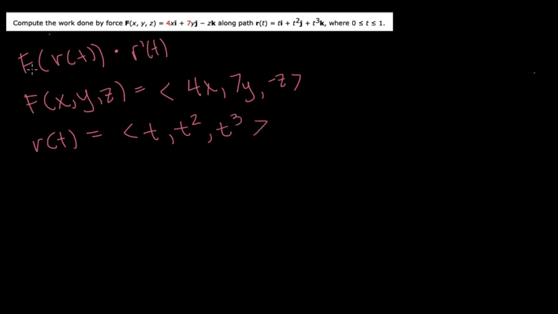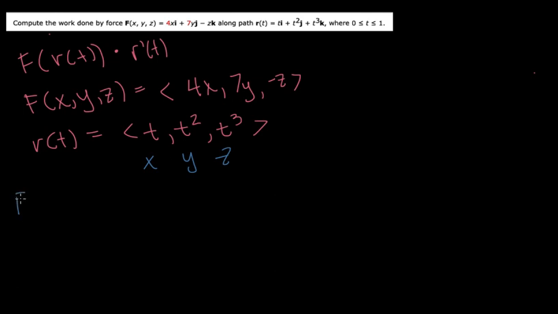If we want to find F in terms of r of t, here's our x, y, and z values. For each term, you're just going to want to plug in the corresponding values.